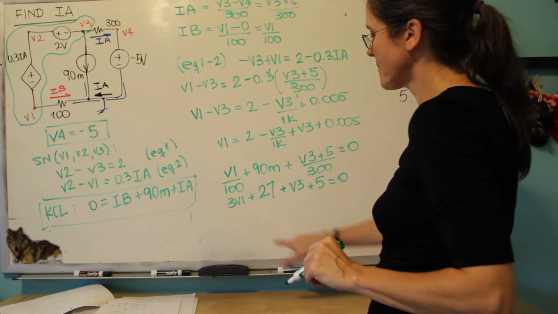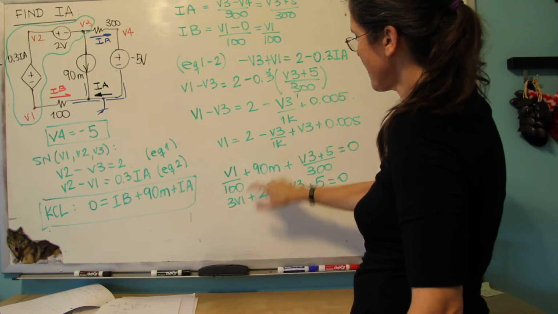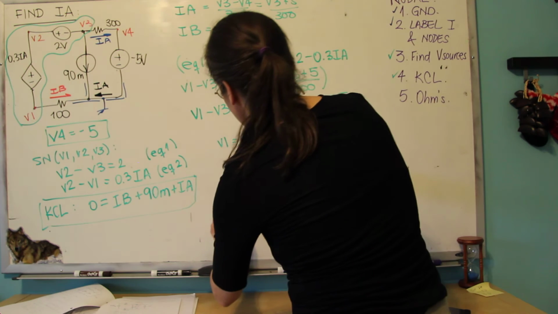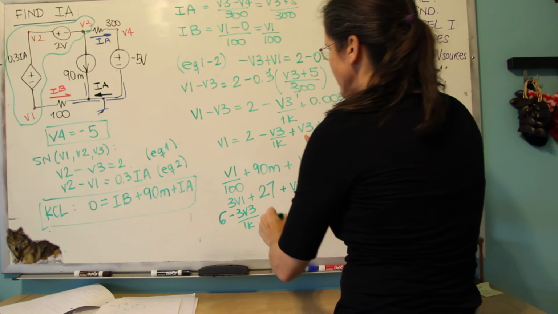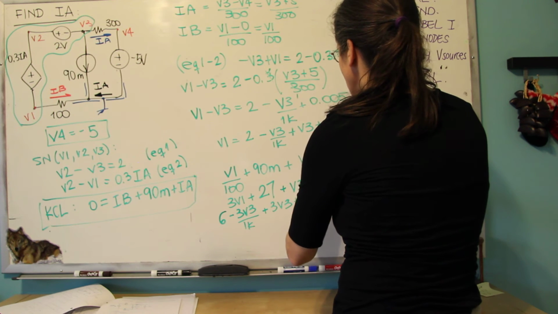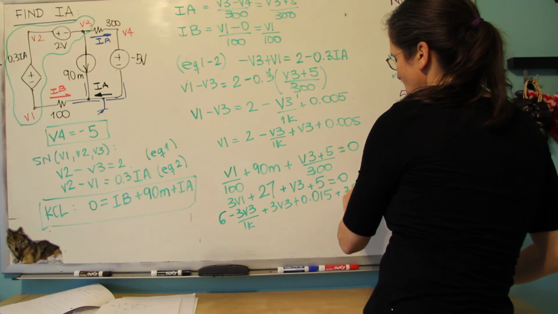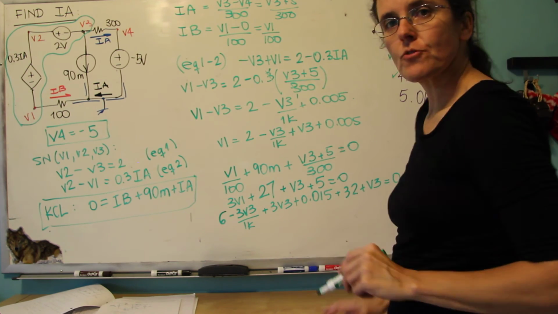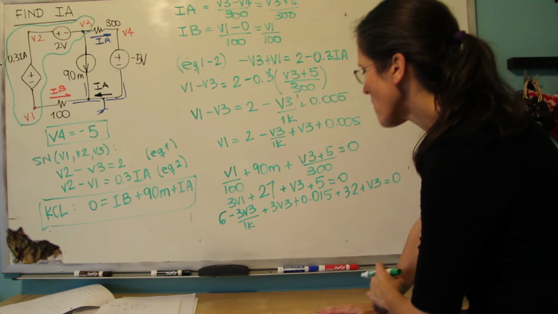Equals 0. Now, either I use one or the other. So basically I have V1 here. So I'm going to use V1 on top. So I need to multiply V1 by 3. So I'm going to say 6 minus 3V3 divided by 1K plus 3V3 plus 0.015. Now I go back to the 27 plus 5 is 32 plus that 1V3 there. All this equals 0. So now I have one equation with V3 and a ton of numbers.